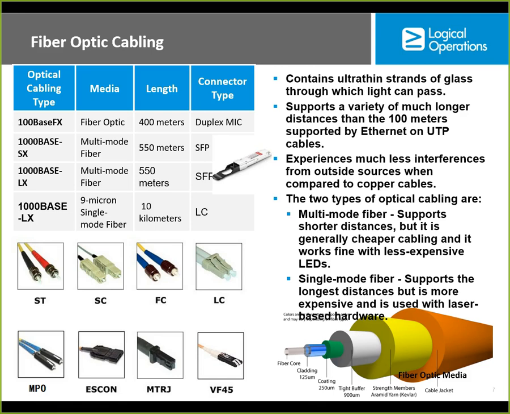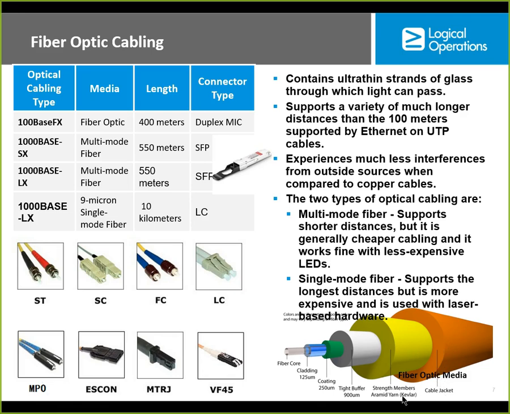Two types, the multi-mode and the single mode. Multi-mode, shorter distances, generally cheaper cabling, works fine with less expensive LEDs. The single mode, longer distances, more expensive, used with laser-based hardware. And this is kind of a picture blow up. This is a representation, obviously.